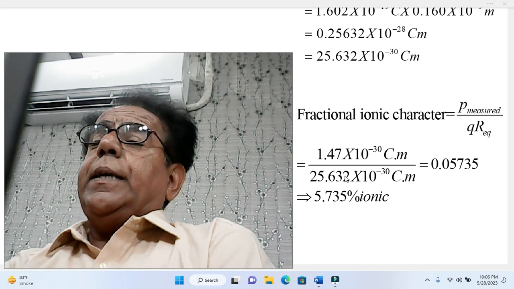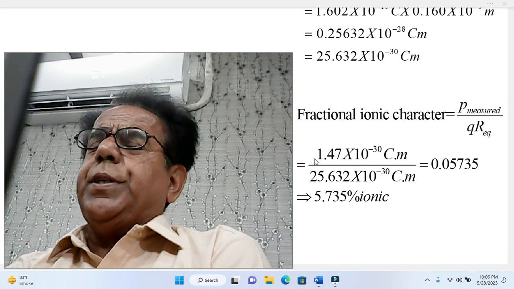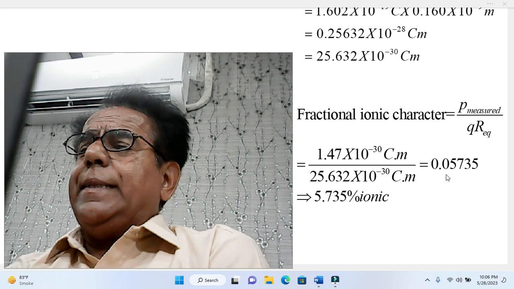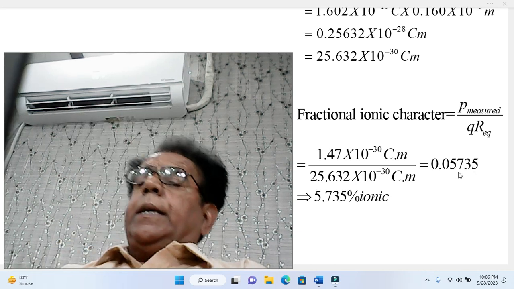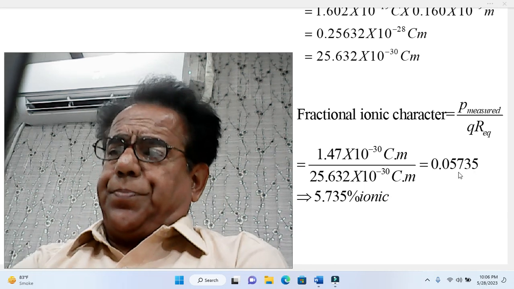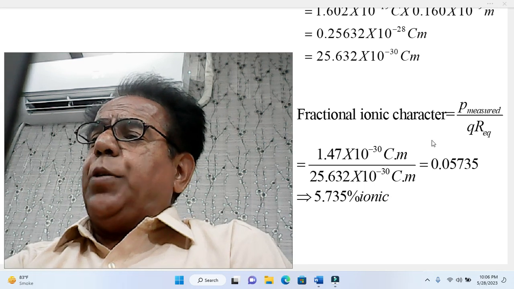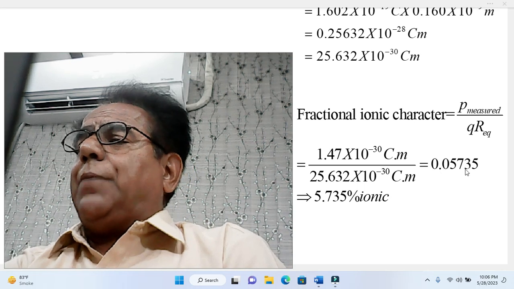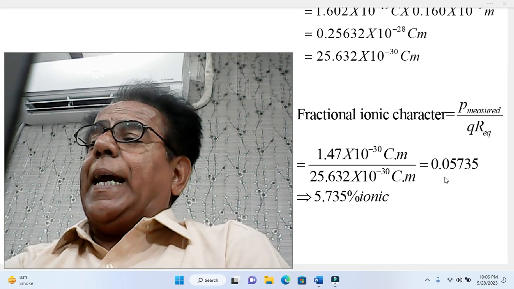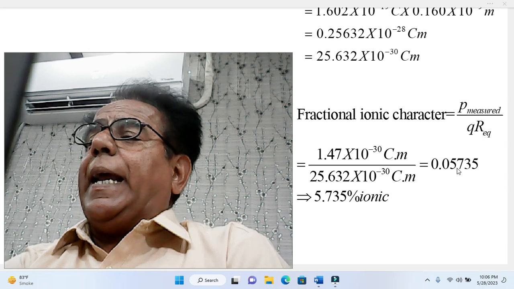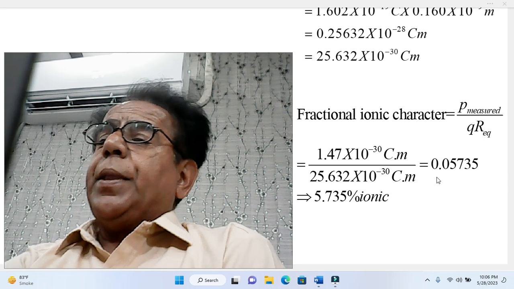When we solve it using a calculator, we get the result 0.05735. Dear students, we have found the fractional ionic character as 0.05735. This implies that we will multiply it with 100, and that will be the percentage ionic character.